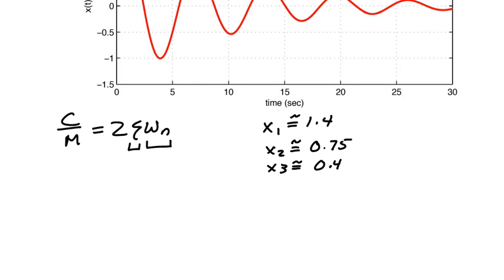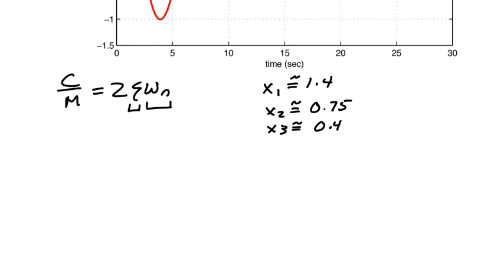There's also an approximation where you can do this over multiple periods, but I believe the single one is emphasized in the notes. And what we can basically do here is say that the logarithmic decrement, which is typically denoted as delta, will be the natural log of the ratio of two consecutive peaks. So we can call this, for example, x1 over x2.